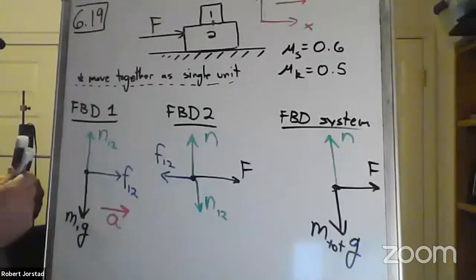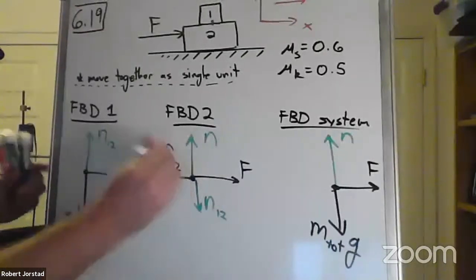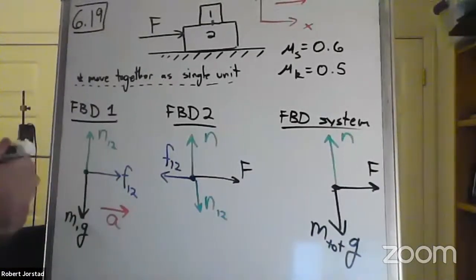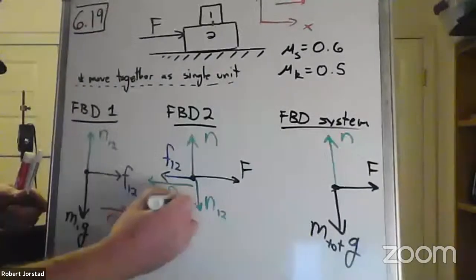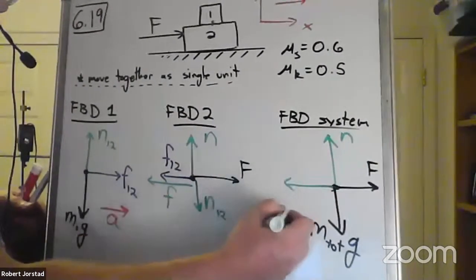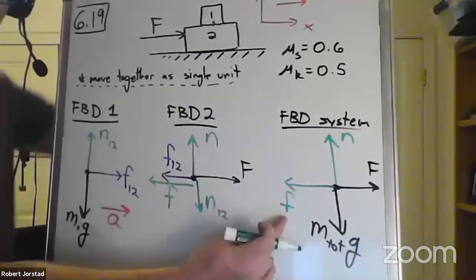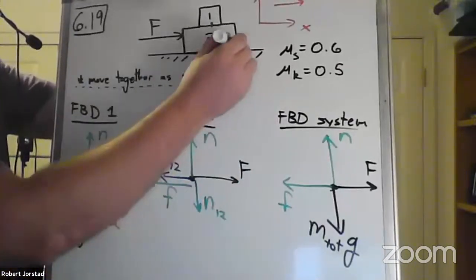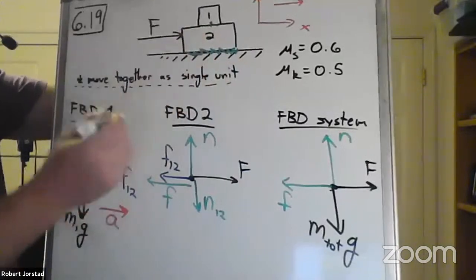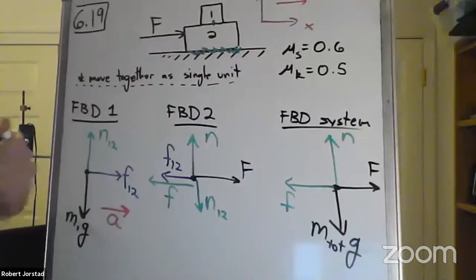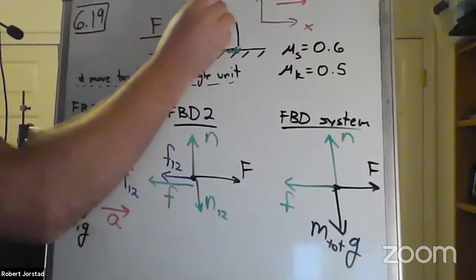No. So there's friction between the floor and between the blocks, and they're both to the left. There's friction to the left on both of these, right? So this is friction with the floor, right here. There's also friction up here between the blocks.